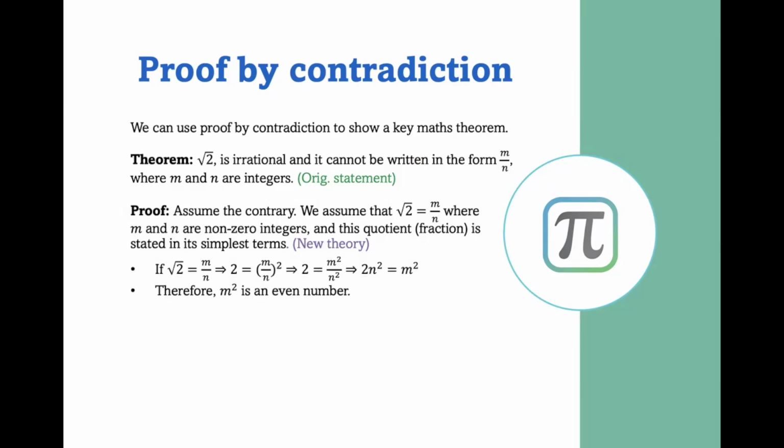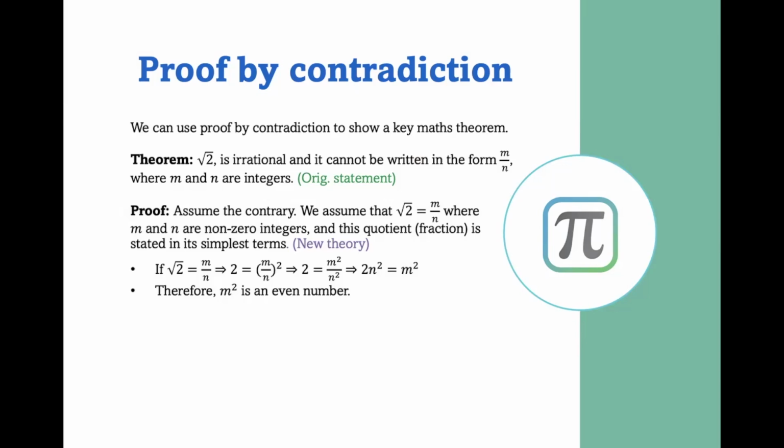Taking our new theory, if the square root of 2 can be written as the fraction m over n, then if we square both sides, we get that 2 must be equal to m squared over n squared. And therefore, if we multiply both sides by n squared, we get that 2n squared equals m squared.